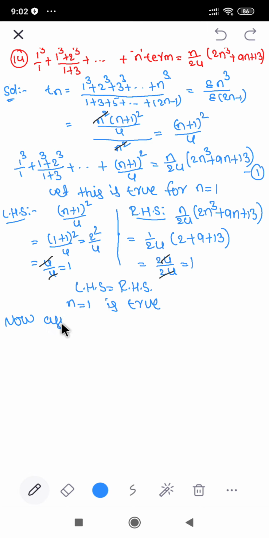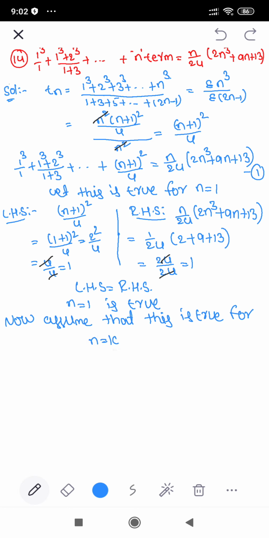Now assume that this is true for n is equal to k.